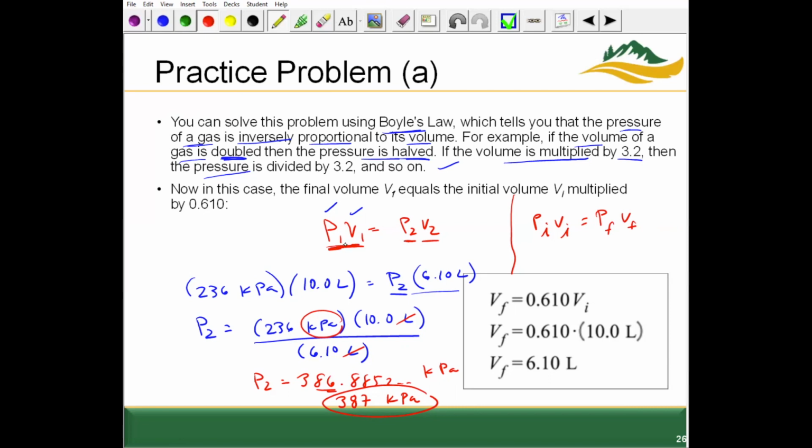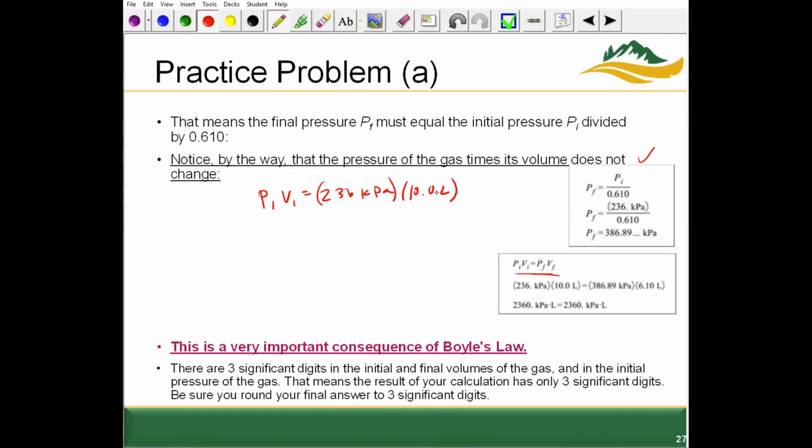So always P1 V1 will equal the same constant, or same value, as P2 V2. To prove this, P1 V1 is equal to 236 kilopascals times 10.0 liters, multiplying this by 10, moving the decimal place over once. That's what P1 times V1 is equal to.